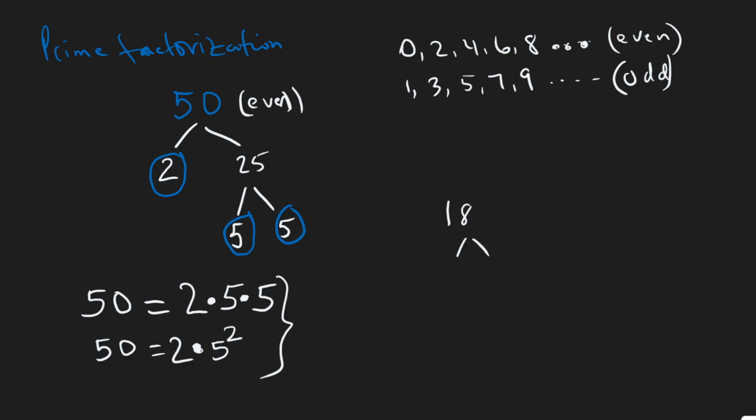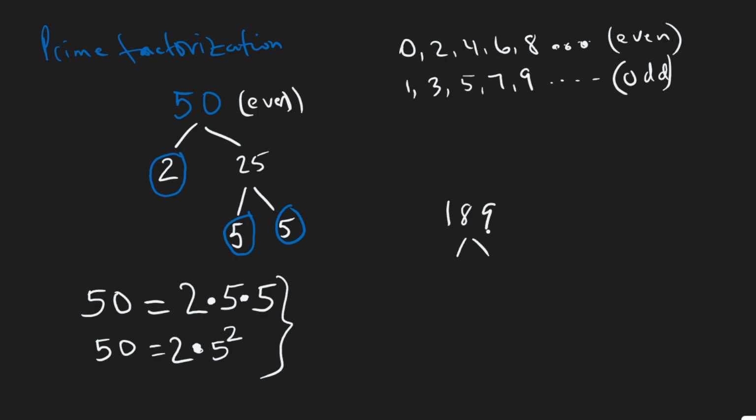We said that if a number ends with a 0, 2, 4, 6, 8, that number is even. But if a number ends with 1, 3, 5, 7, 9, that number is odd.